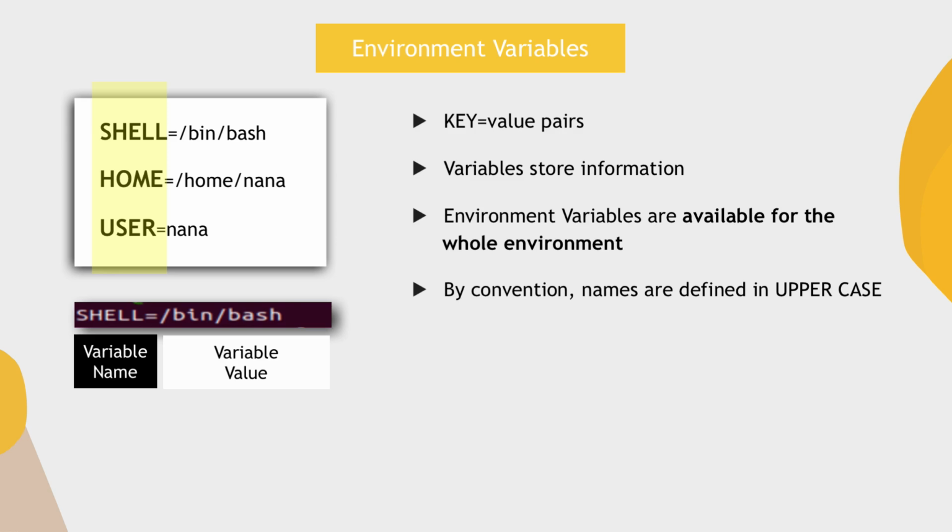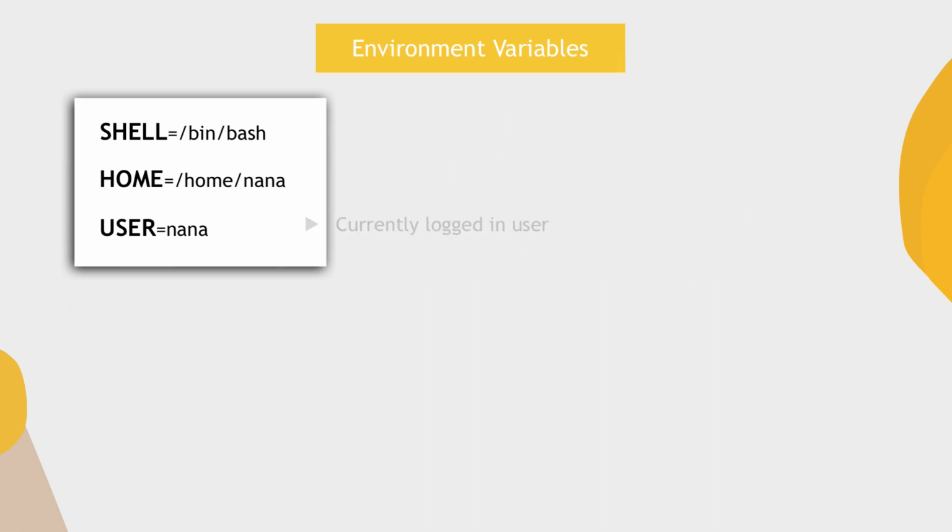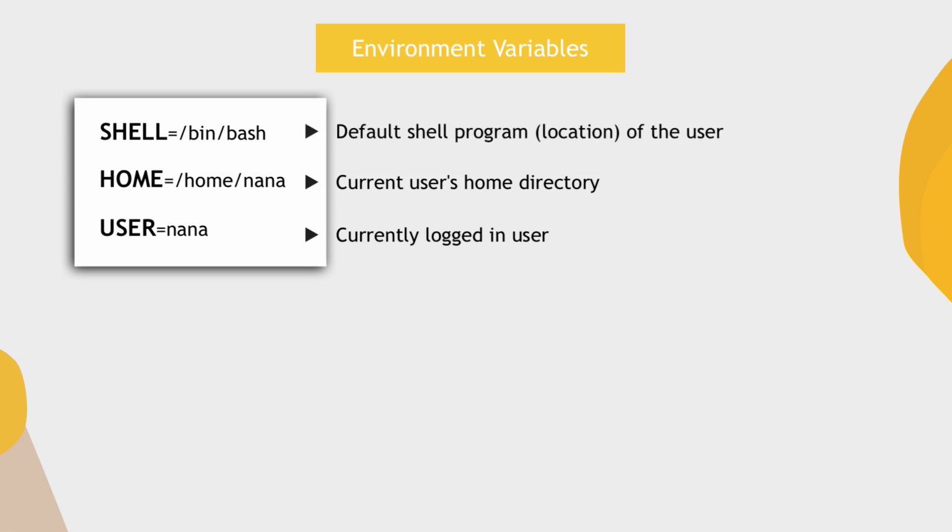For example, each user has a set of environment variables that define that user's environment settings. For example, USER variable that has a value of the currently logged in user, or HOME variable that points to the current user's home directory. And you also have variables that define users' preferences, like EDITOR, which is the default file editor that's used when you open a file, or SHELL, which is user's default shell program.